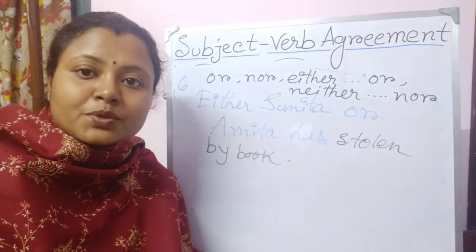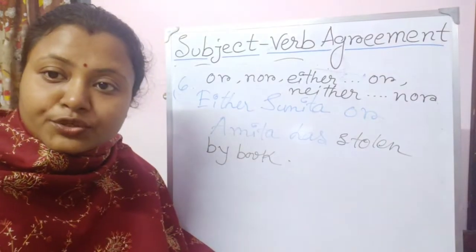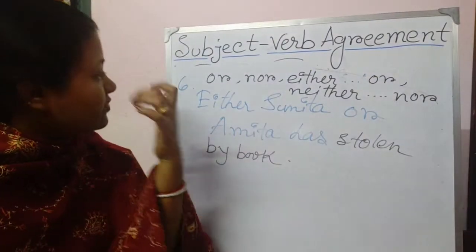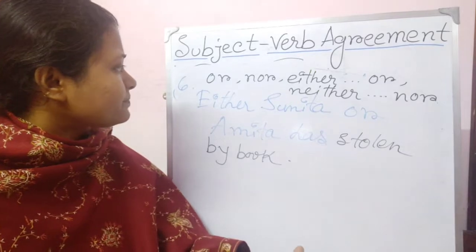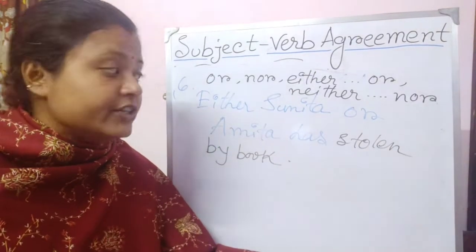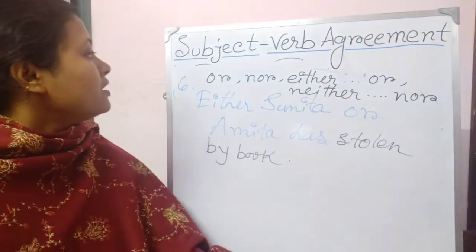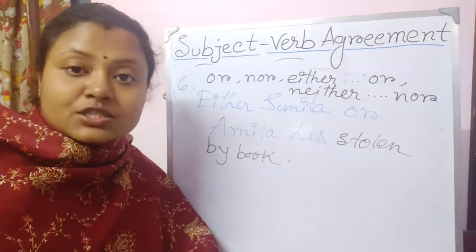Let us move towards the next rule, which is number 6, which is there in your book as well. Whenever two subjects are joined by or, nor, either or, neither nor, then the singular verb will follow. For example, either Sunita or Amita has stolen.